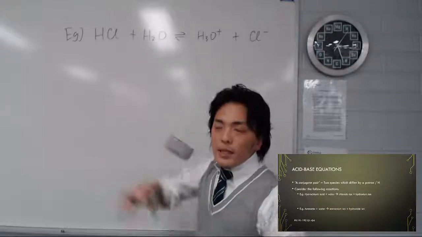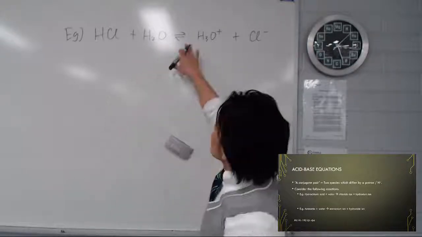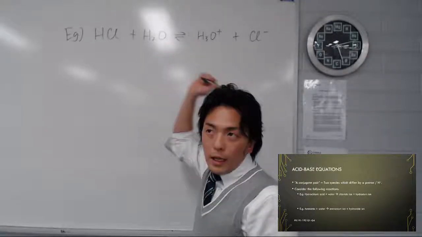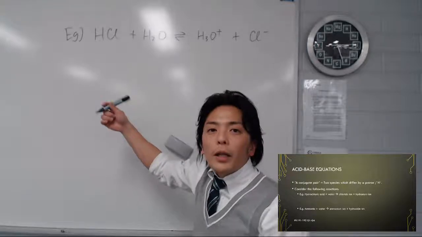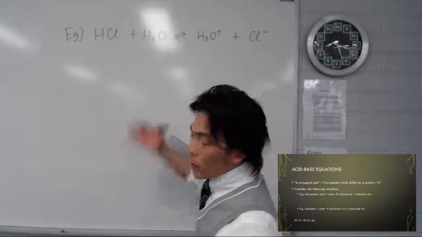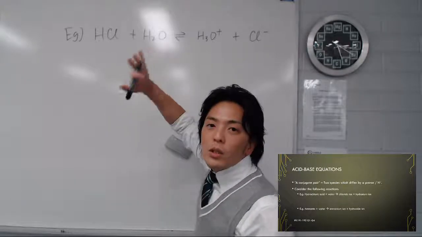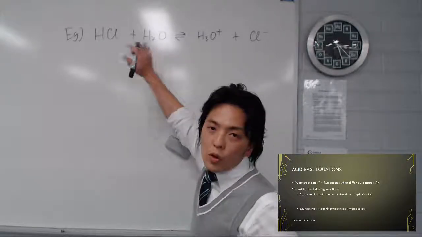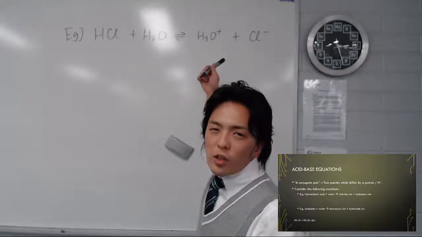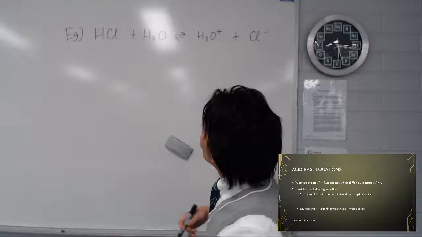In acid and base, sometimes you see this two-way arrow. That's to show that the equation can go back. It's not to say which is stronger. In this case, because the acid has a tendency to give off its proton and water is very neutral, the majority of the reaction would go forward, but some might go backwards.